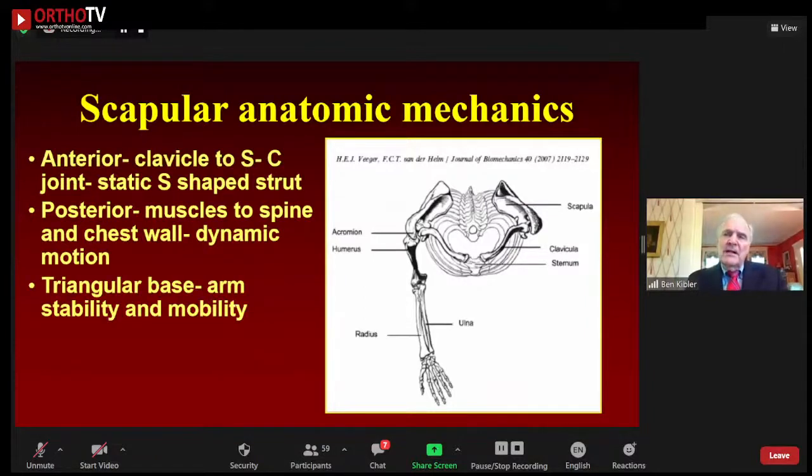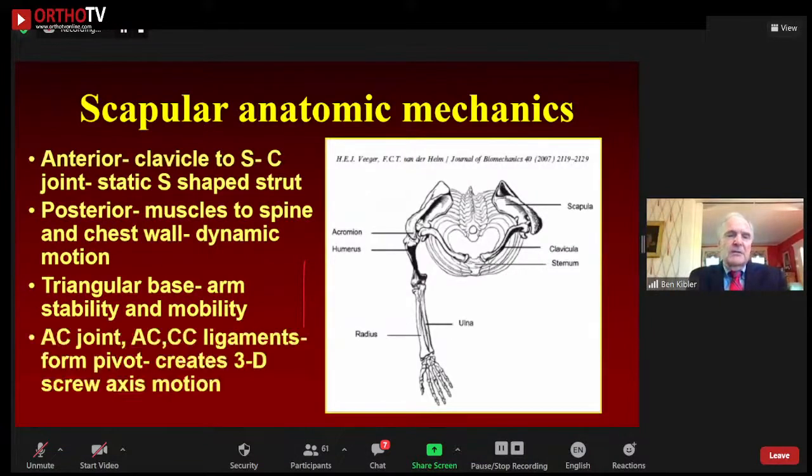This results in a triangular base for arm stability and mobility to place the arm and hand in multiple positions in space. The AC joint and the ligaments, or the AC and CC ligaments, form this stable pivot that creates this three-dimensional motion that is necessary for arm function.